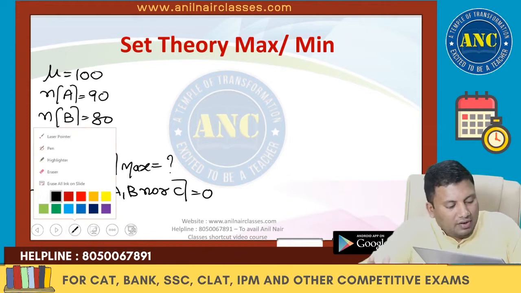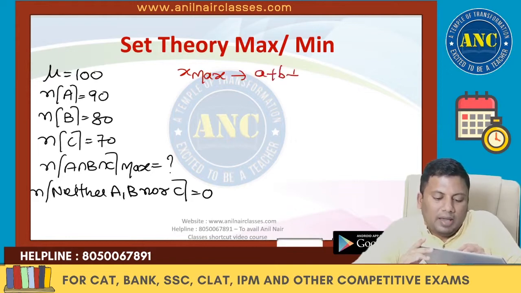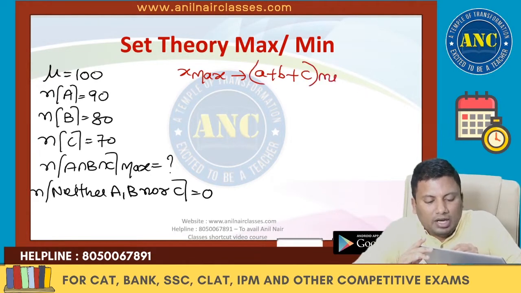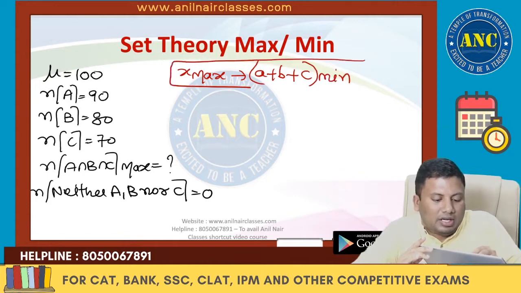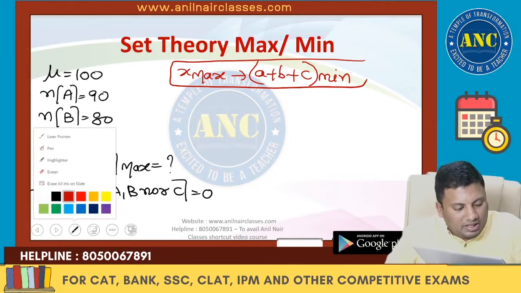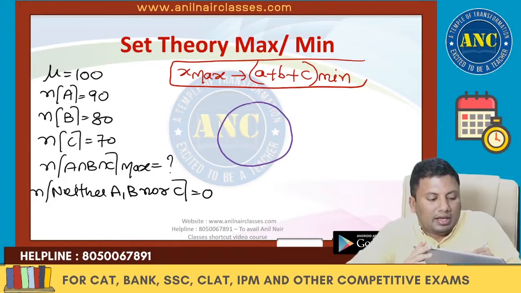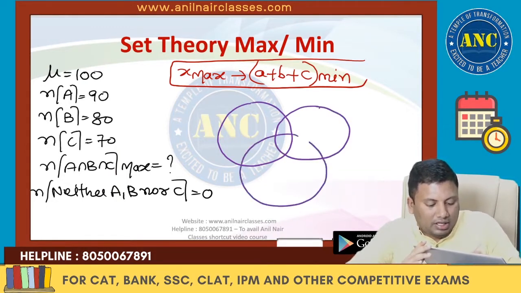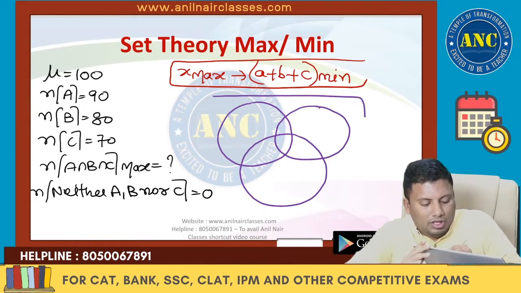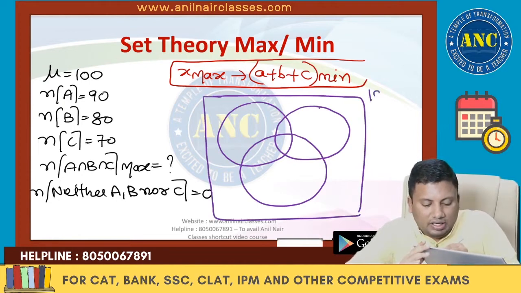Now see here, what is the concept that we discussed? X maximum is nothing but A plus B plus C minimum. If it is A plus B plus C minimum, this is nothing but A, this is nothing but B, this is nothing but C. This total is nothing but 100.